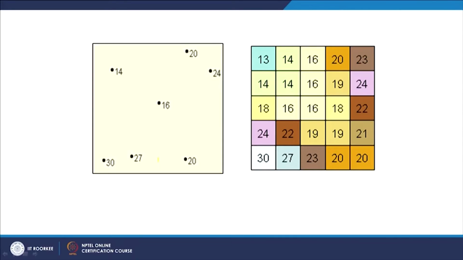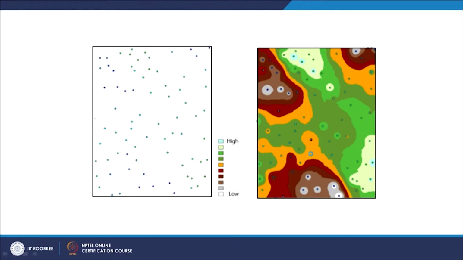So, in between, like for point 16, it has created a cell here, 16, and it has also created a cell for 20. Now, in between we do not have any observation here, but because of interpolation it is filling those values and getting influence of the nearest neighbor, following Tobler's law of geography.